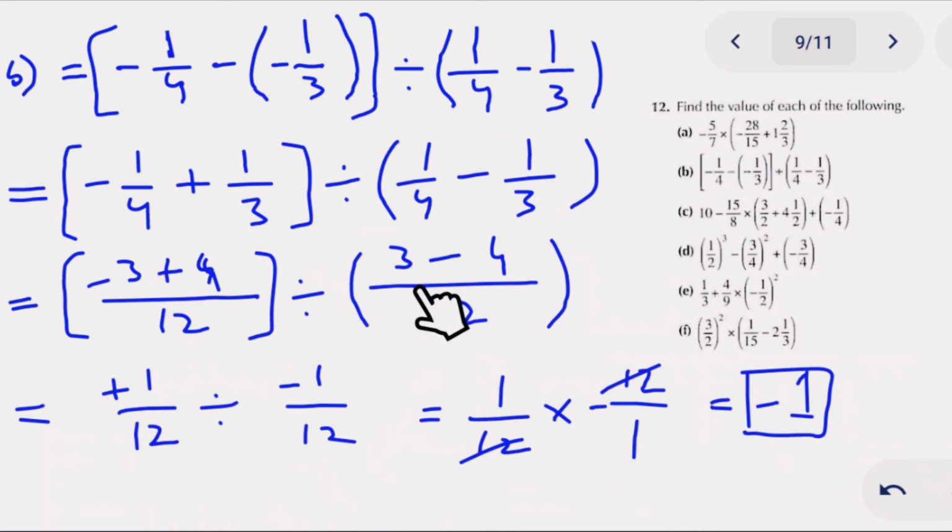Then this division sign, and plus minus is again minus, 4 minus 3 is minus 1, because the bigger number carries the minus sign, so minus will also come with the answer. Then this division sign is changed into a multiplication sign and the fraction is inverted. 12 is cancelled with this 12 and 1 divided by 1, the answer is minus 1.